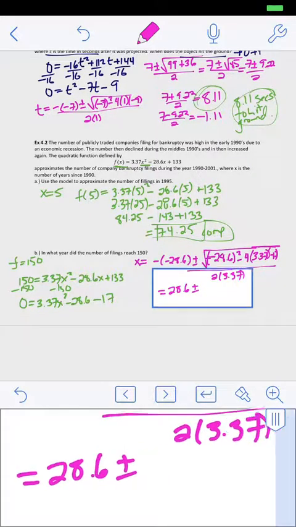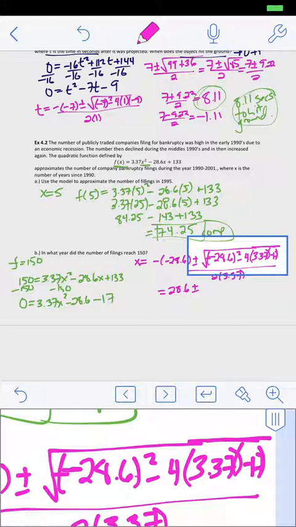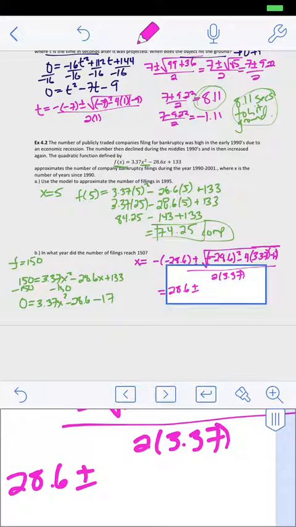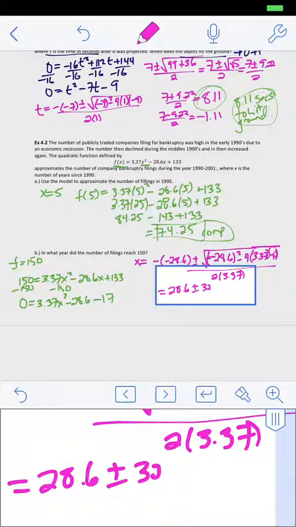28.6 plus or minus 28.6 squared, take away 4 times 3.37 times negative 17, ends up getting 1042.12, the square root of that was 32.36.